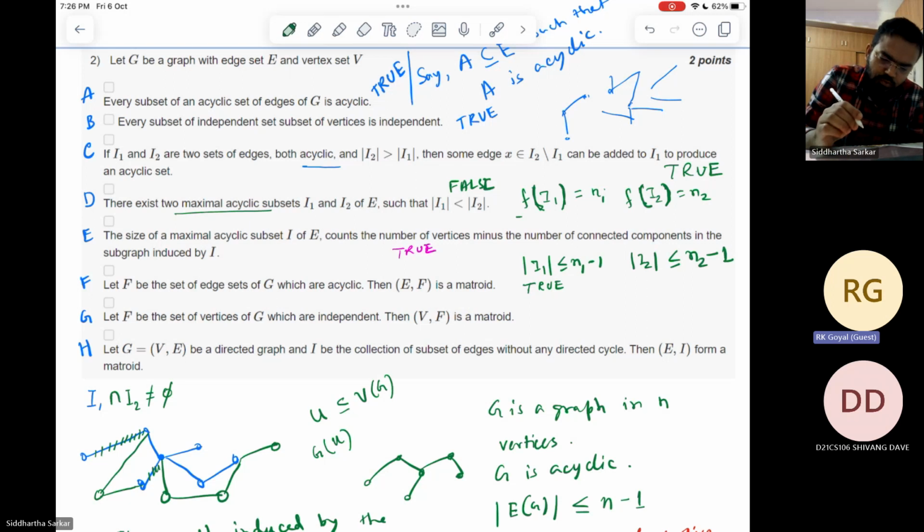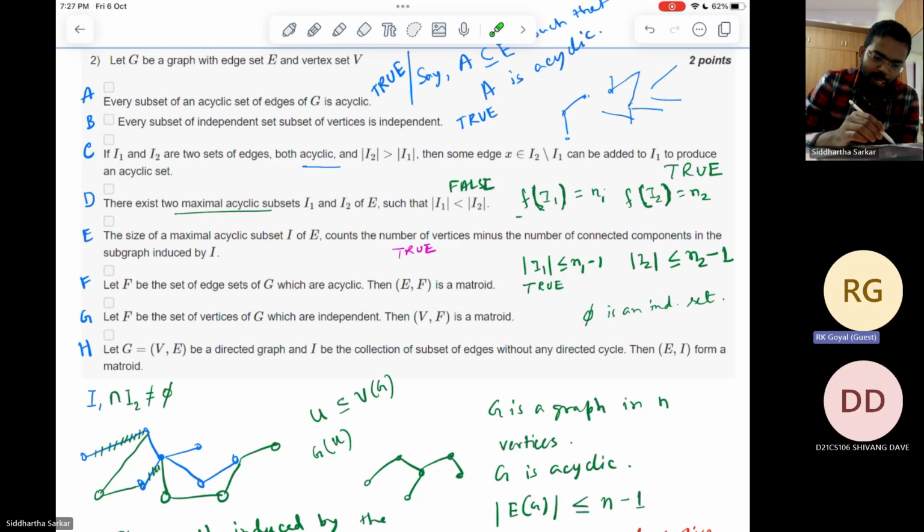In the next one it says that F is the set of the vertices of G which are independent. Phi, if I do not consider anything, would be independent. And if I take all the vertices in isolation, then it would be independent, obviously.